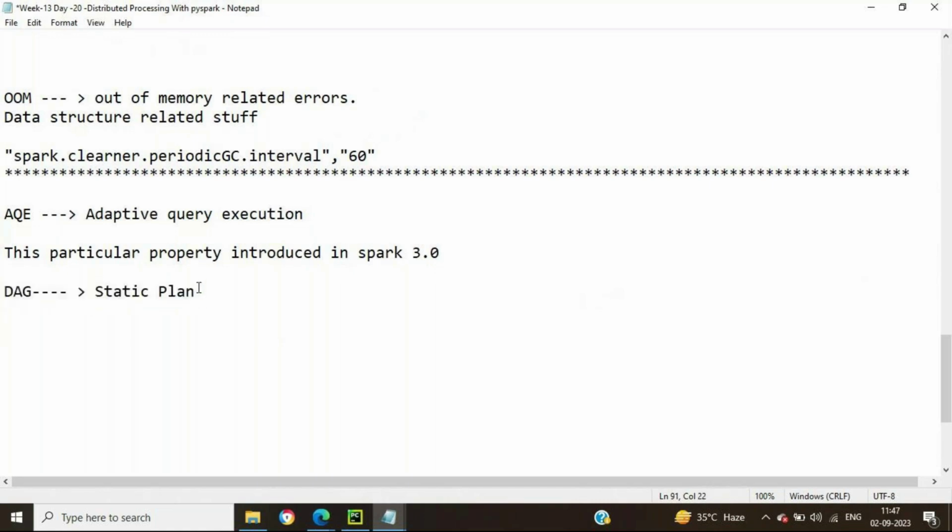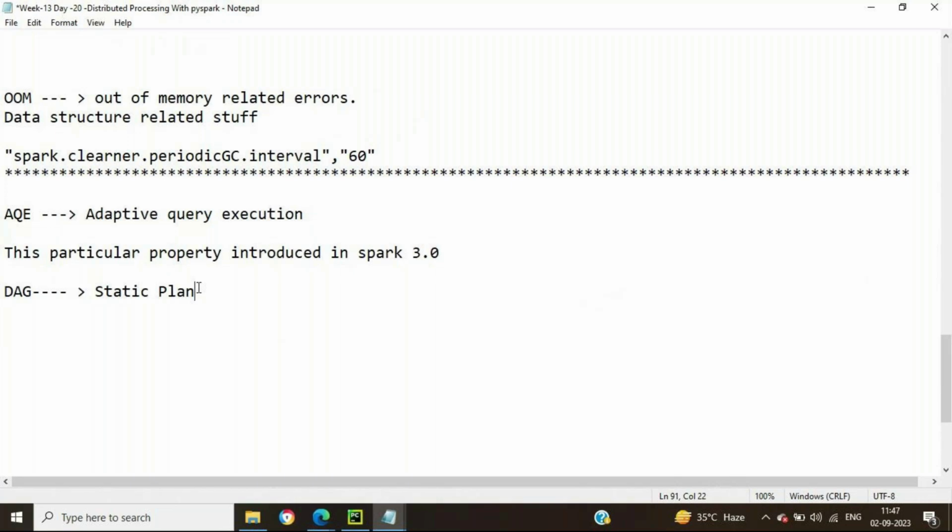Okay, so what was observed is that once we are executing a particular job, there might be certain changes inside the cluster configuration, like the resource availability, or we need to increase or decrease the partitions.